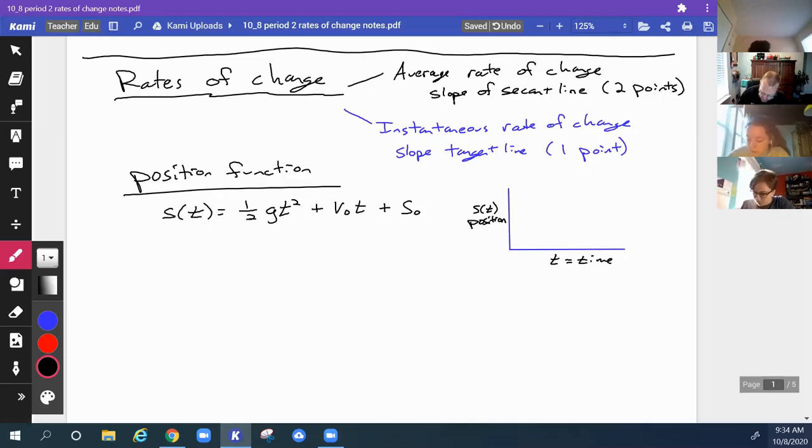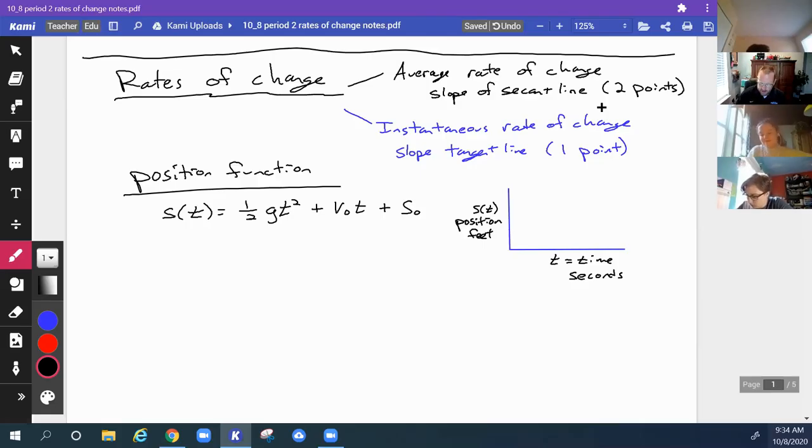That got a little messy, I'll write it a little bit bigger. So that is going to be position. Typically when we think about time, we're usually dealing with seconds. So time, we're going to deal with seconds. And typically position, we're going to deal with feet. Not necessarily meters, but we're dealing with feet.